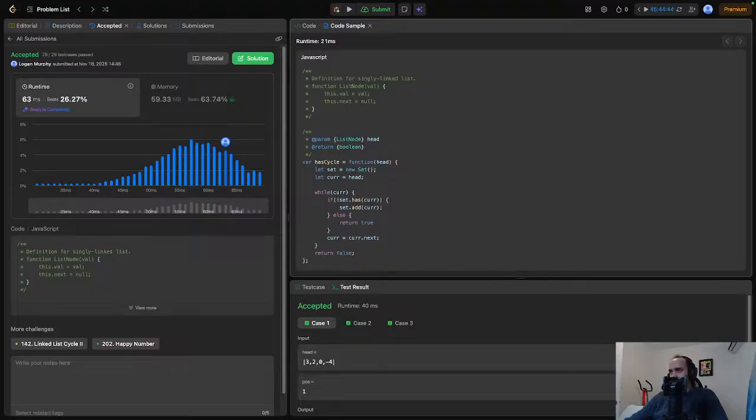Did I misread it? Wait, did I misread it? Am I... It makes games using AI. Playscape, game, AI.